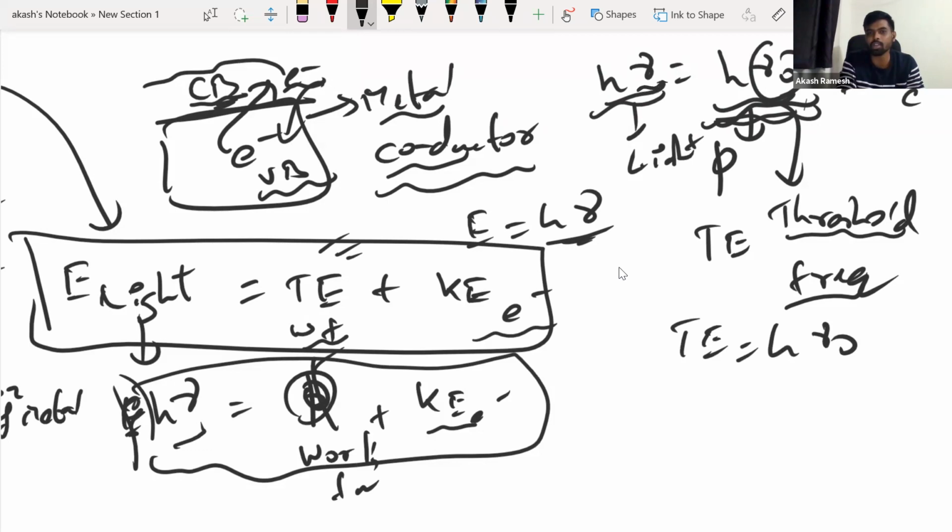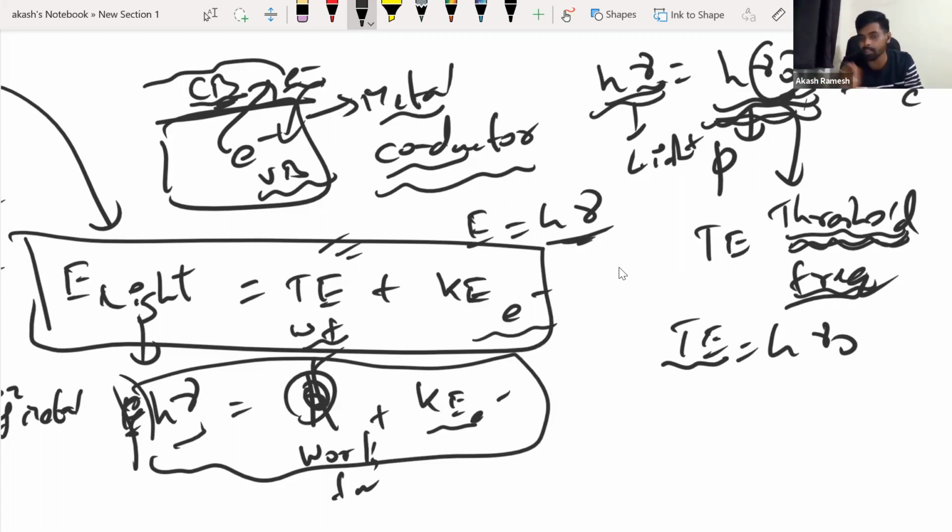I already used a nu here, so I'm using nu naught, just to be different. And this nu naught is what is called threshold frequency. Why? Because it is related to threshold energy, right? So I would say threshold frequency is the minimum frequency which must be possessed by the light for the photoelectric effect to happen.